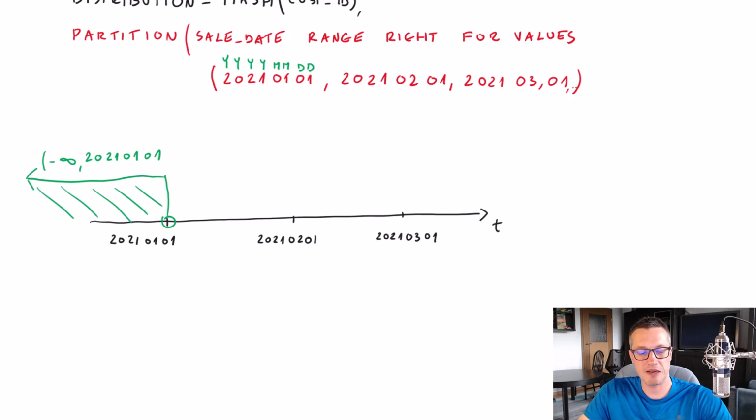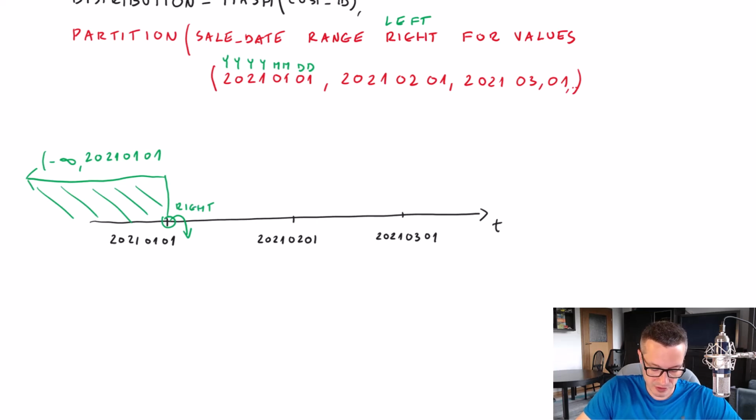All right, but how about those rows that have sale date set to exactly this boundary point? Would it belong to the left partition or to the right partition? And that's exactly what this word determines. It might be set to either right or left. In case of right, this boundary point belongs to the partition to the right.